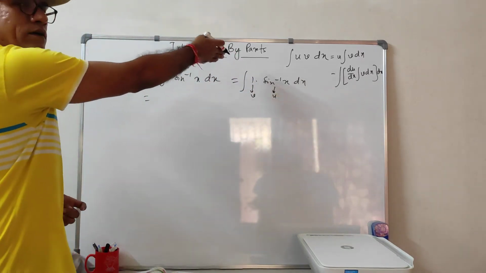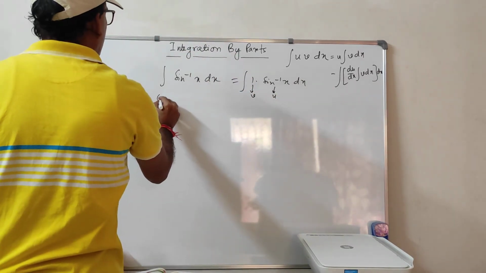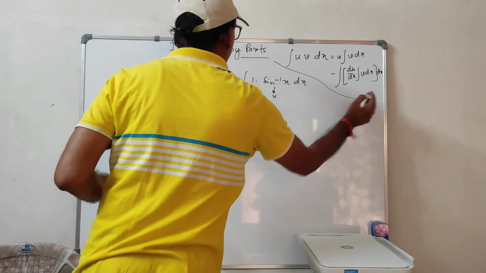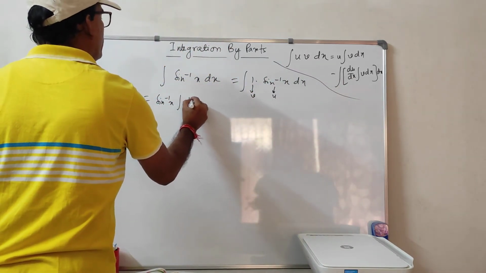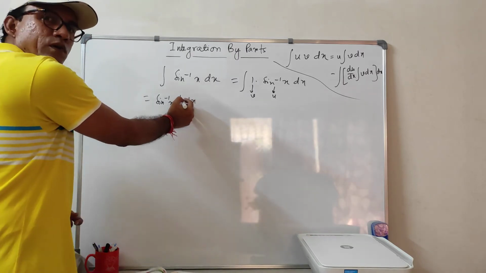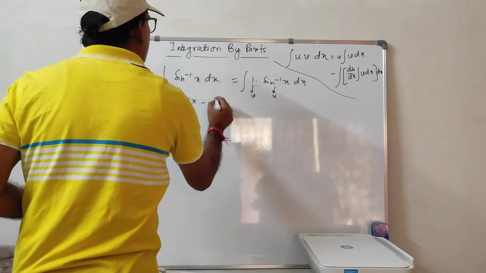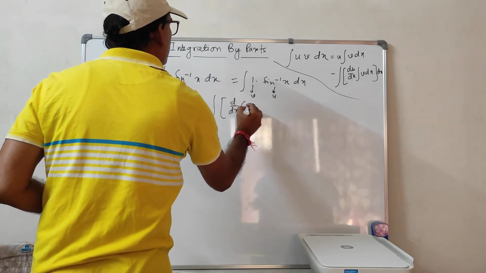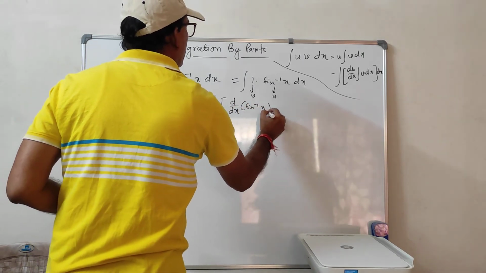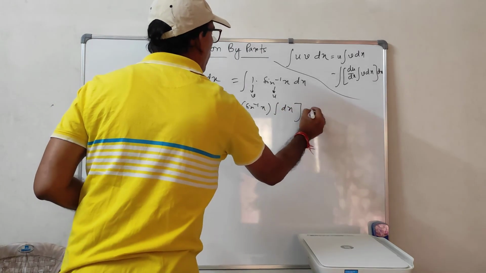Here v is a constant function 1. So according to the rule, integration of sine inverse x dx, because 1 we do not write here, minus integration of d/dx of sine inverse x integration dx, whole dx.